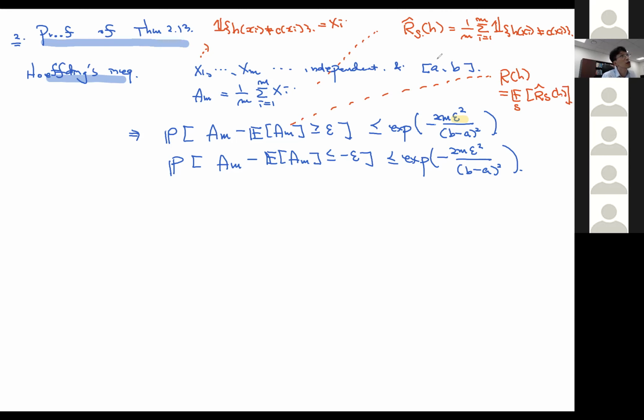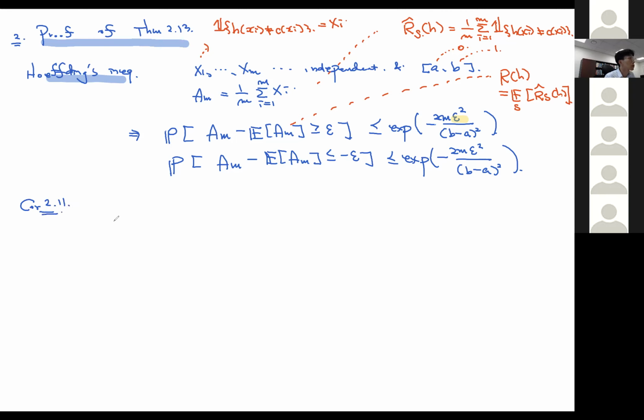Furthermore, in our case, a is equal to 0 because it's an indicator function, and b is equal to 1. So what does that tell us? If we use Hoeffding's inequality, then we have the following corollary, 2.11.